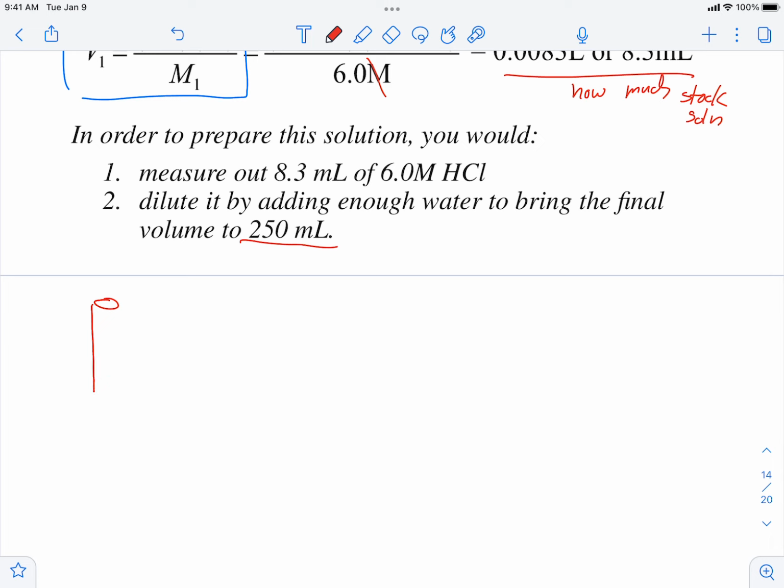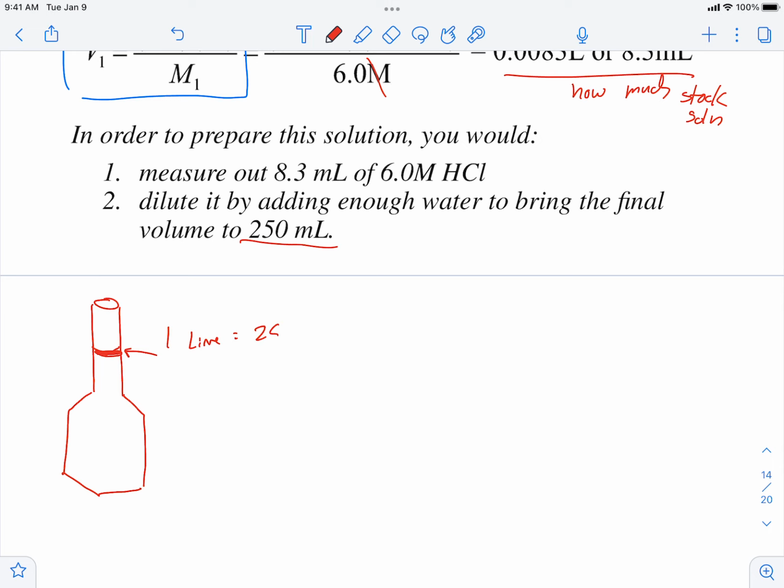All right, so when we're making solutions, we use what's called a volumetric flask. And the volumetric flask has one marking on it. It's not like a graduated cylinder where there's lots of lines. There's one line. And that line equals whatever the total volume is going to be.